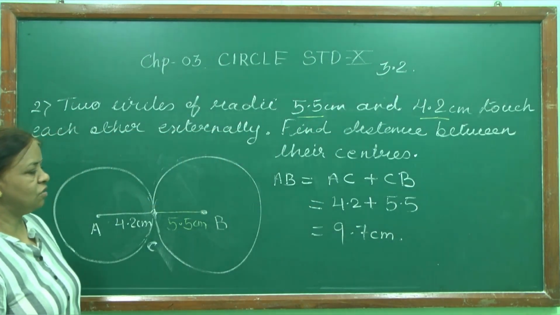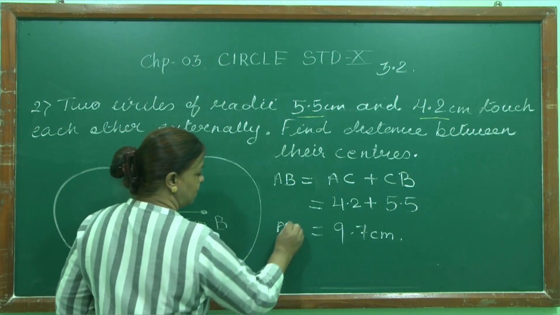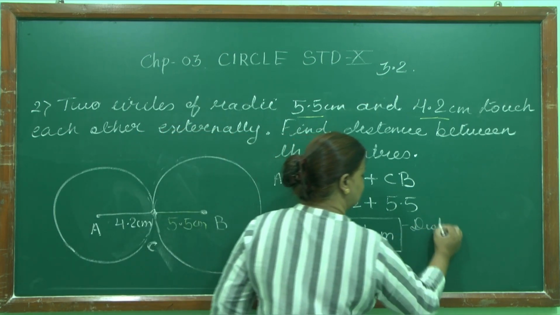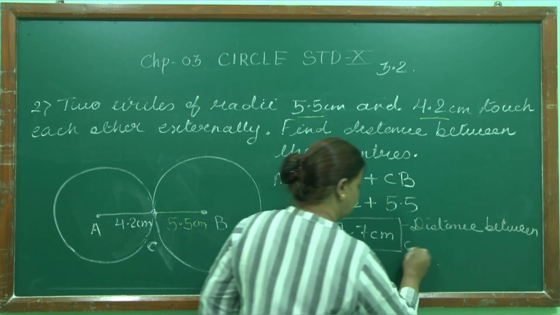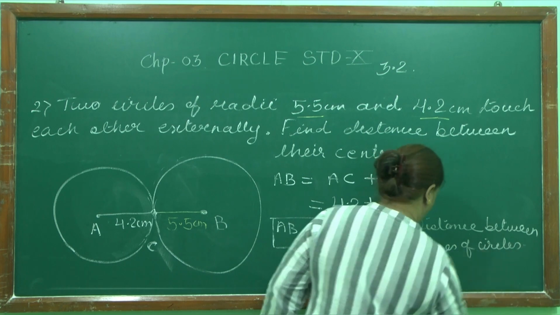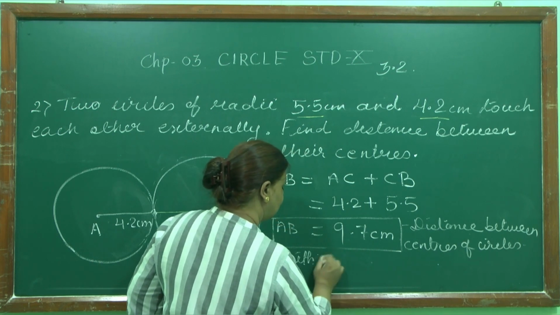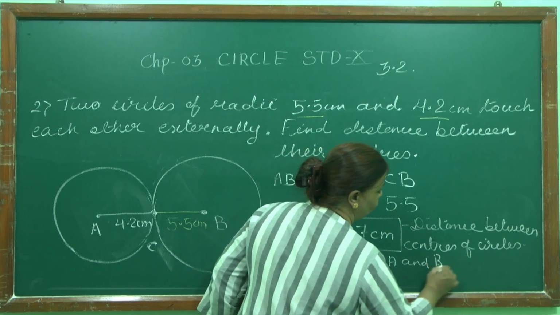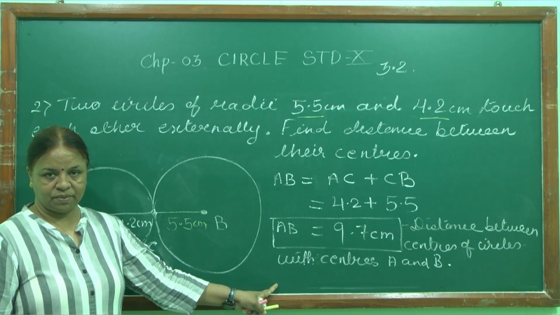So the distance between the centers of the two circles which touch each other externally is 9.7. So AB is 9.7. You can write down distance between centers of circles with radii, with centers A and B. Always have a habit of drawing the diagram and then solving. It becomes easy for you to write the steps.